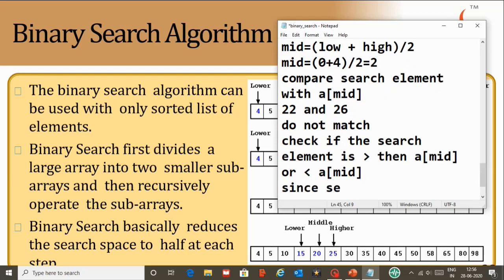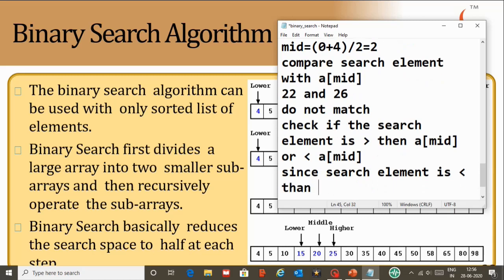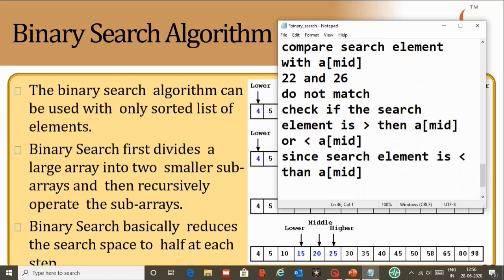Since the search element is less than A of mid, it can be there before the mid value, right? High is equal to mid minus 1.